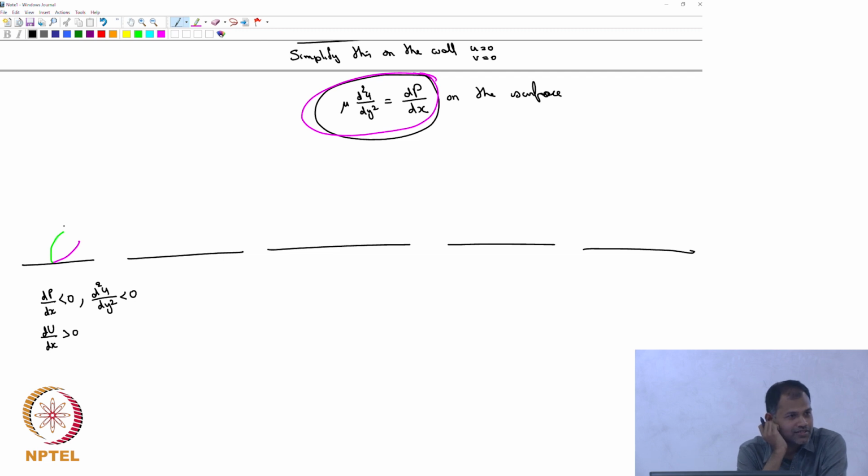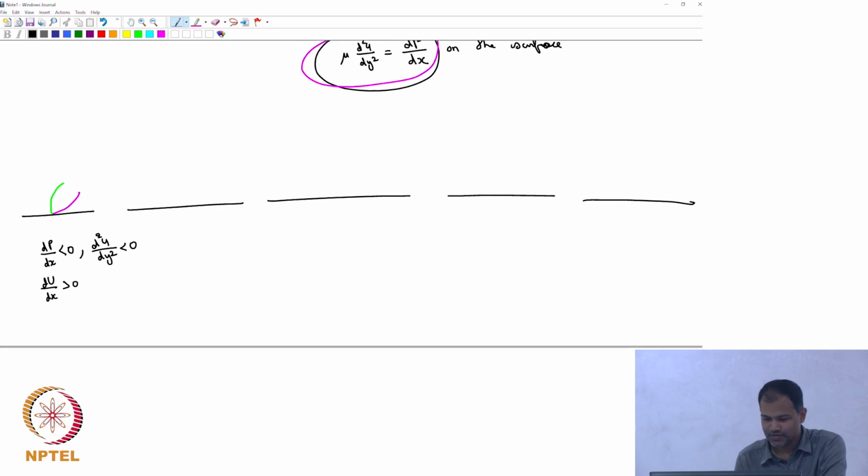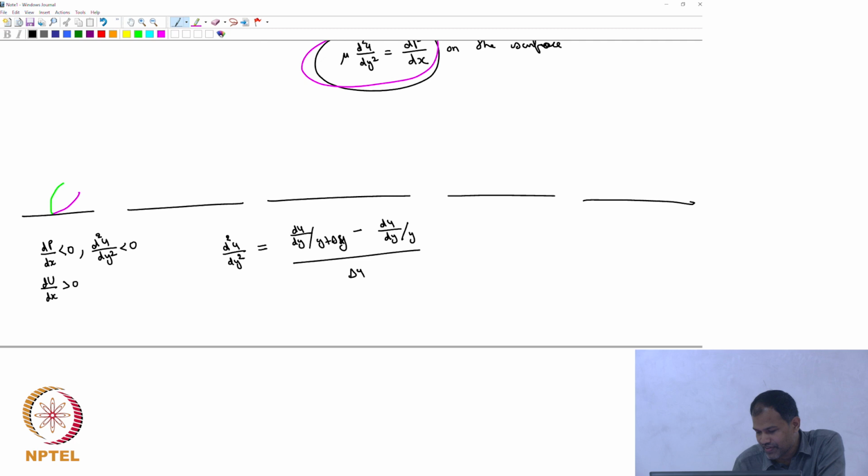How do you know that? So let's say d square u by dy square. I'll write using finite difference approximation: du by dy at y plus delta y minus du by dy at y, divided by delta y, in the limit of delta y going to 0.